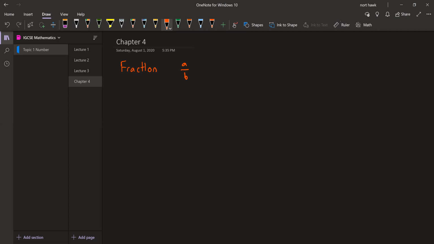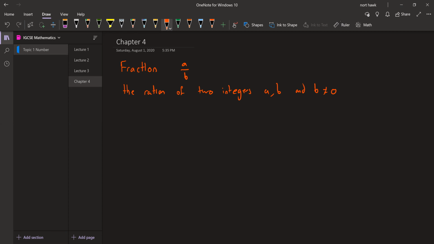Fraction is essentially the ratio of two integers, A and B. A and B are integers, right? And B cannot be equal to 0.